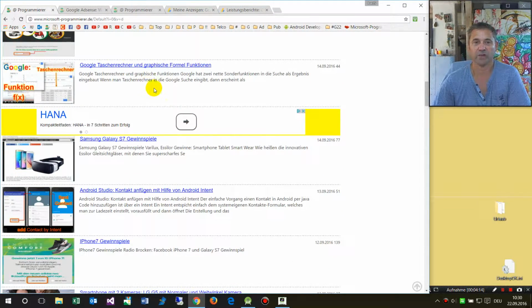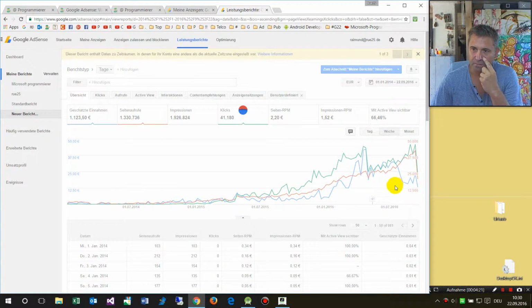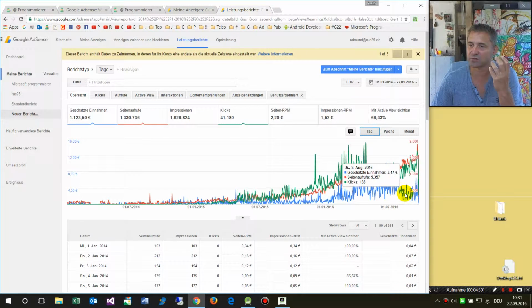The reason why the amount per click, how much money I get per click at this time, why did this drop?